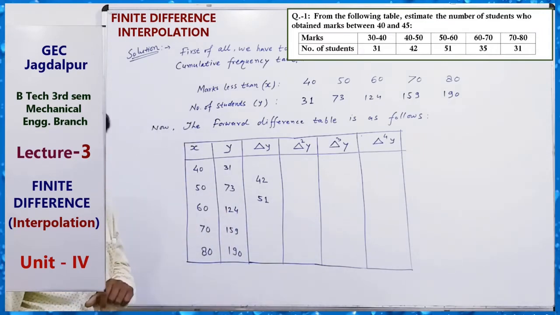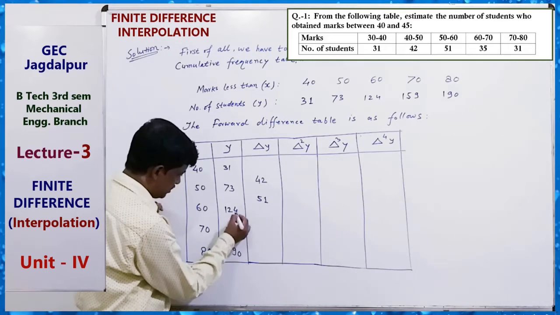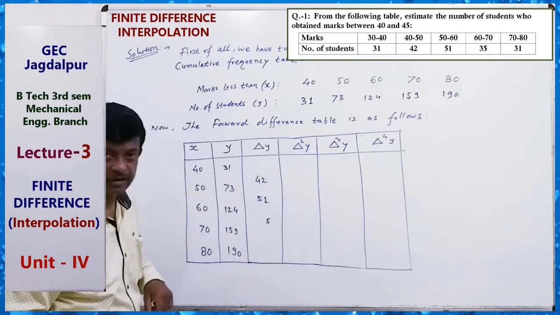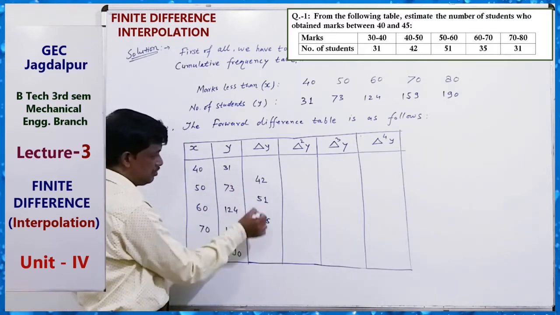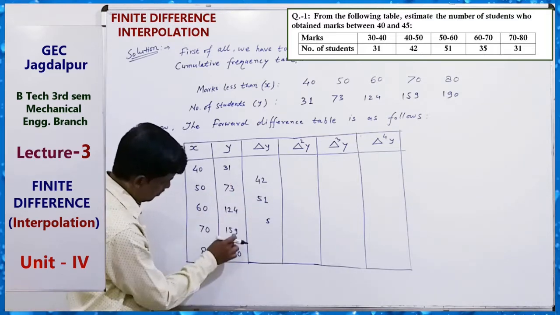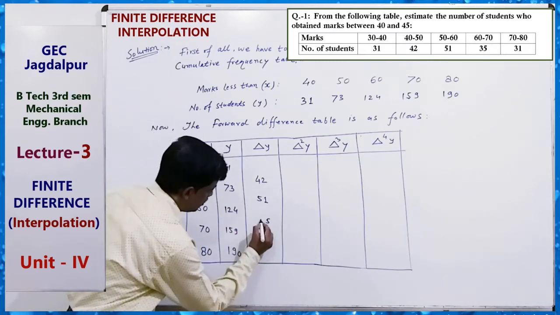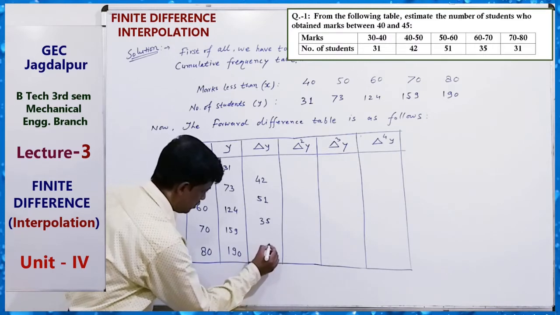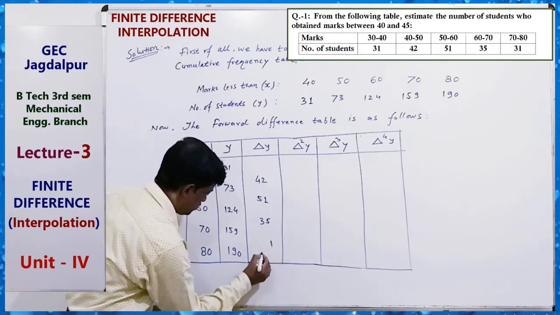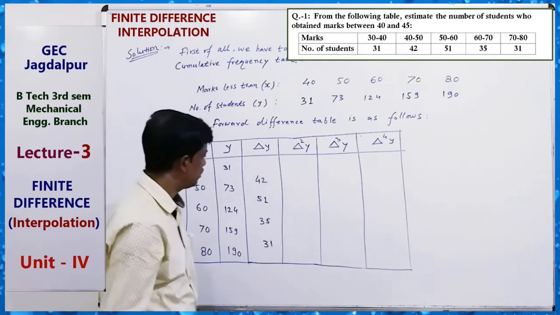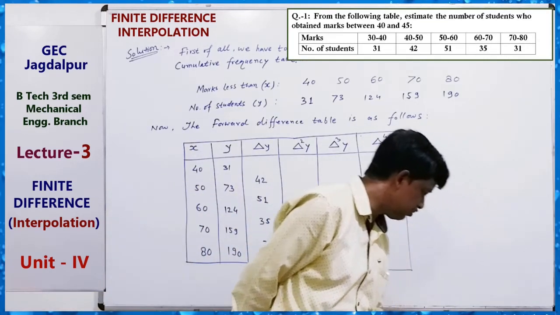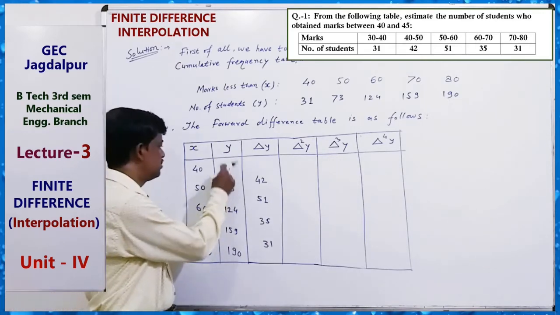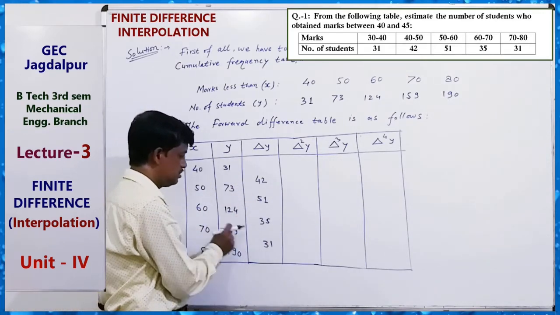Just this minus this, written in between. For the second differences: 51 minus 42 is 9, written in between. Then 35 minus 51, and so on. Just differences, only differences: this minus this, this minus this.